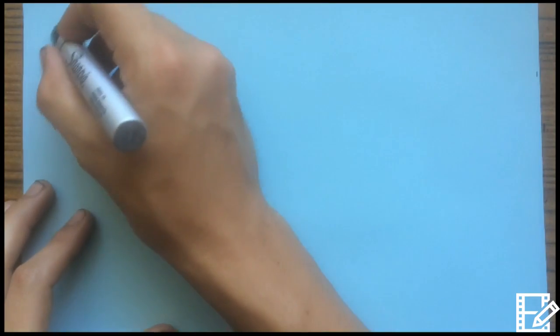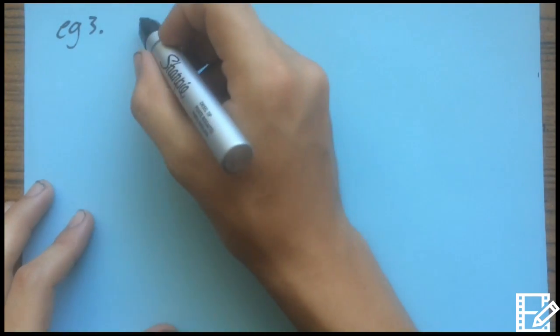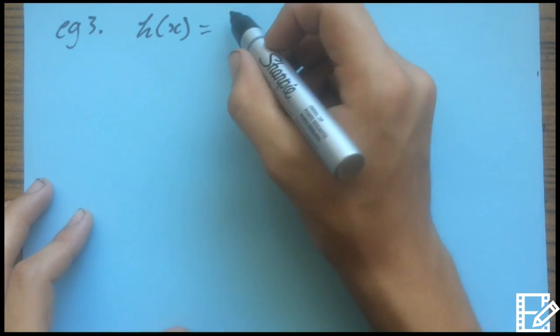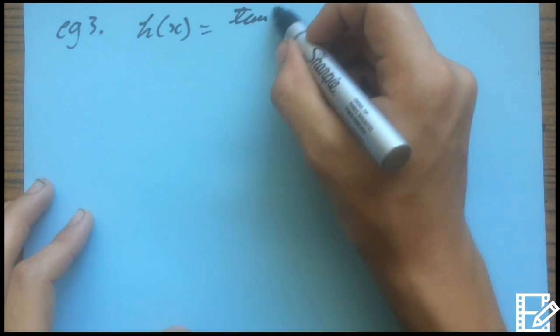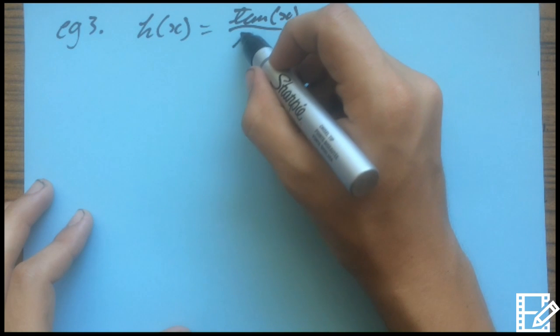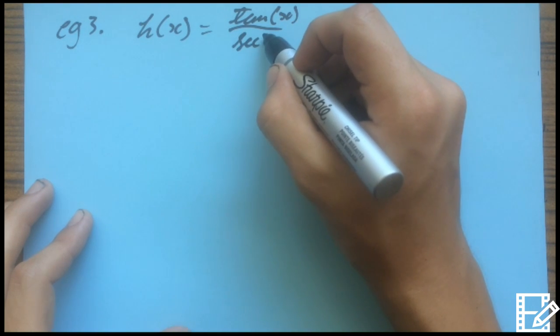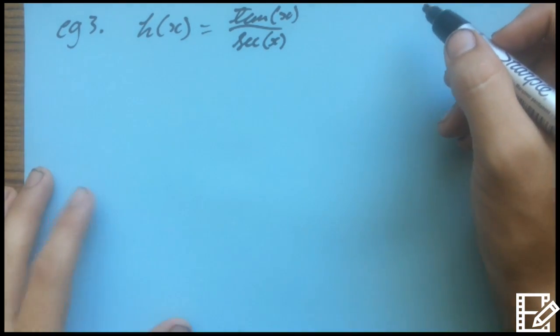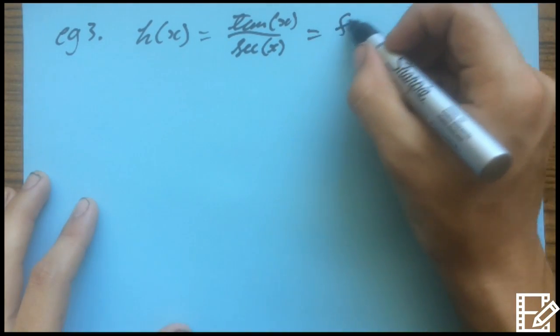So, do another example. Let's say h(x) equals tan x over sec x. Function over a function.